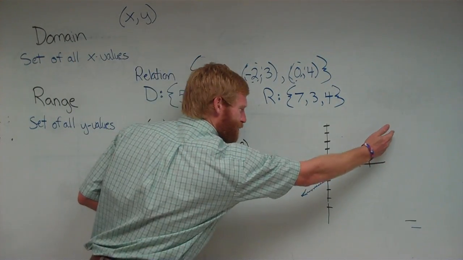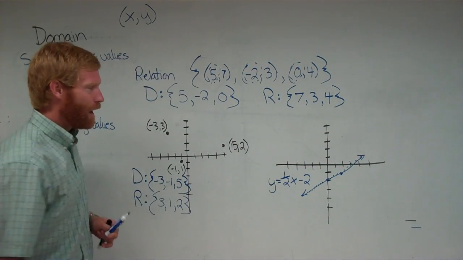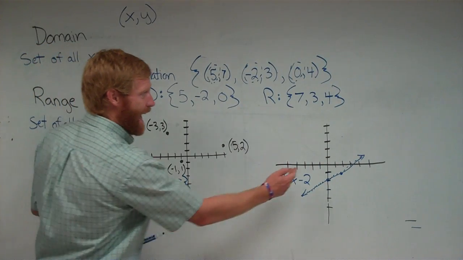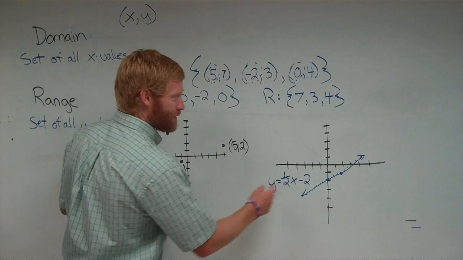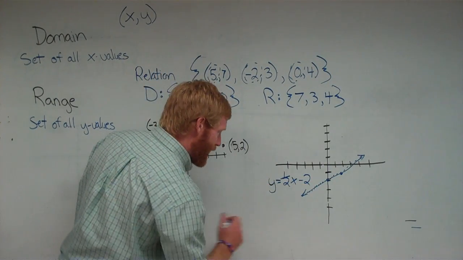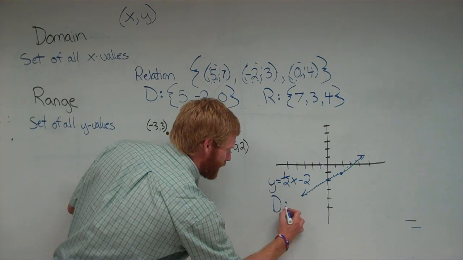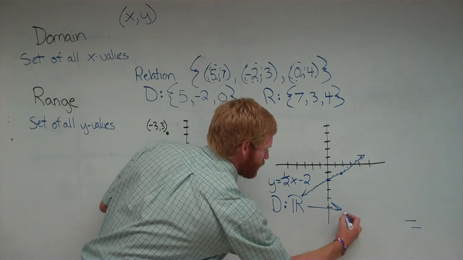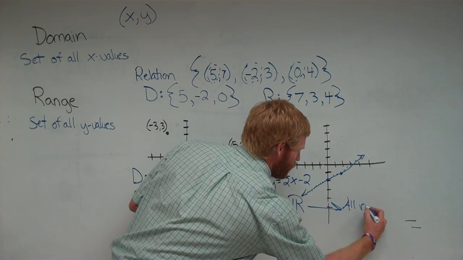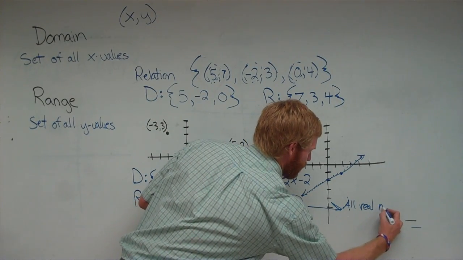If I wrote out every single ordered pair here, I would recognize that every single x value is represented. For my domain, the way we're going to represent that is with this symbol, and this symbol represents all real numbers.